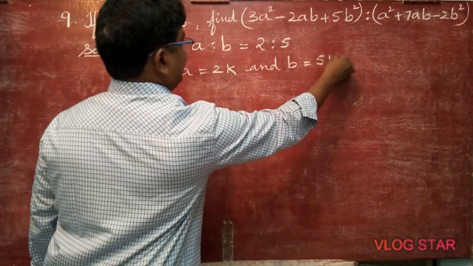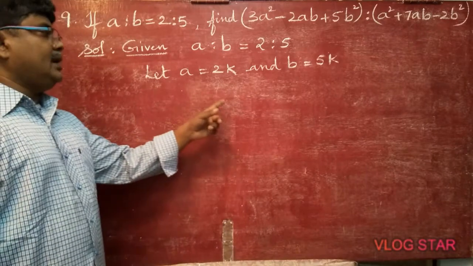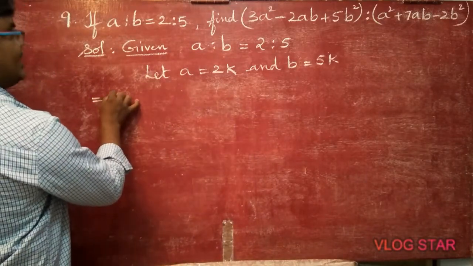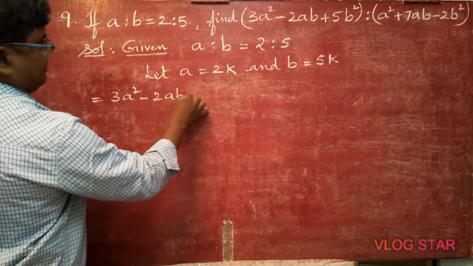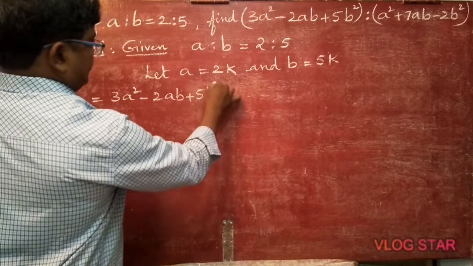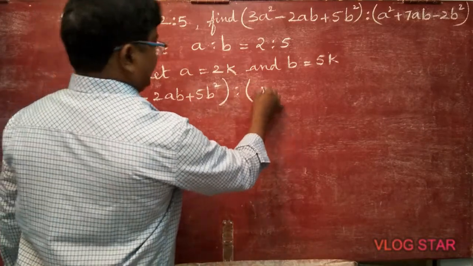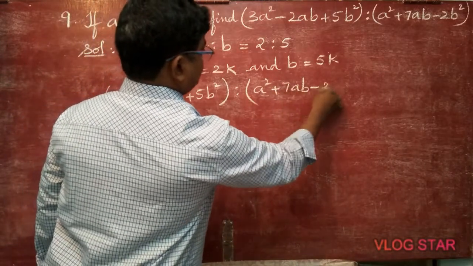We don't have the exact value, so we are thinking A as 2K and B as 5K. Now, substitute. What they have given? 3A square minus 2AB plus 5B square is to A square plus 7AB minus 2B square.